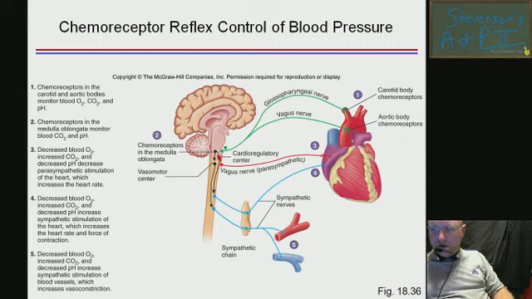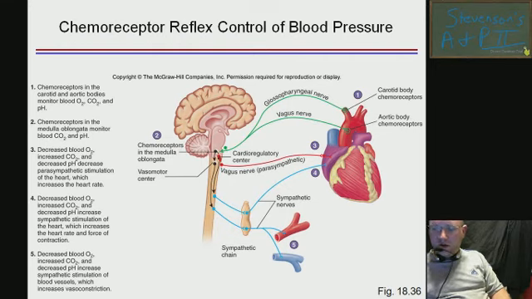The chemoreceptor reflex control of blood pressure. Chemoreceptors in the carotid and aortic bodies monitor oxygen, carbon dioxide, and the pH of the blood. Chemoreceptors in the medulla oblongata monitor blood carbon dioxide and the pH. Decreased oxygen, increased CO2, and decreased pH decrease parasympathetic stimulation of the heart, which increases the heart rate.